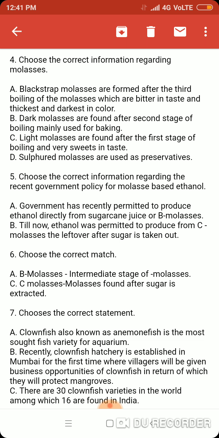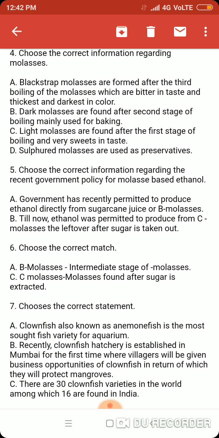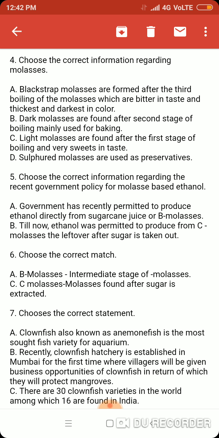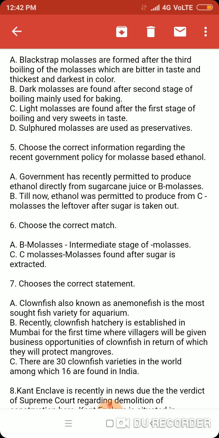Option B. Dark molasses is found after the second stage of boiling, mainly used for baking. Correct. These dark molasses are less sweet. Blackstrap molasses is rarely sweet; it is mostly bitter. Option C. Light molasses is found after the first stage of boiling and is very sweet in taste.